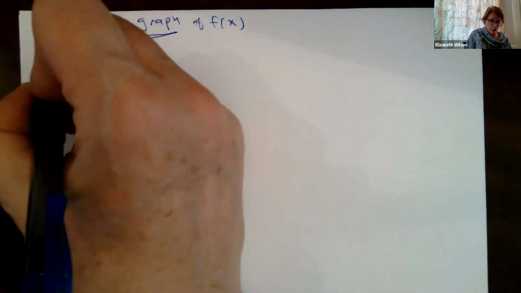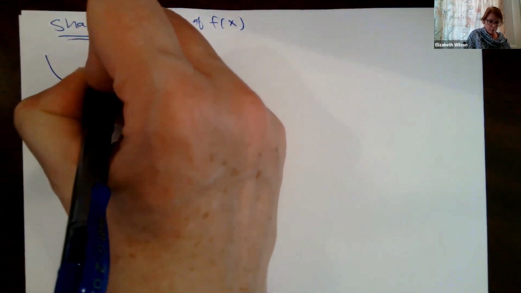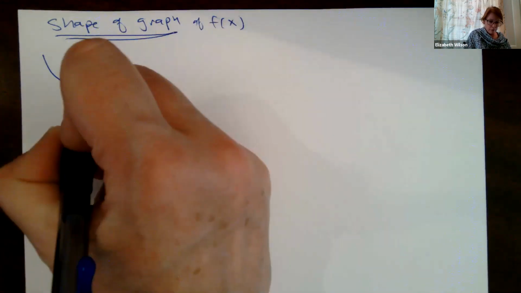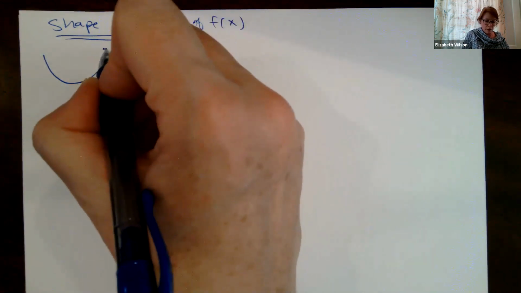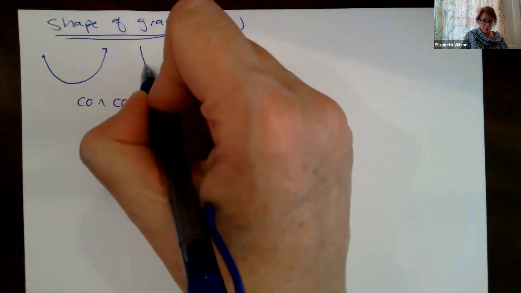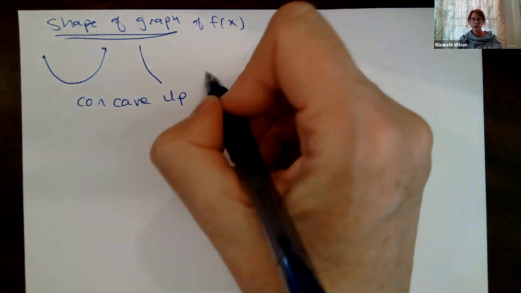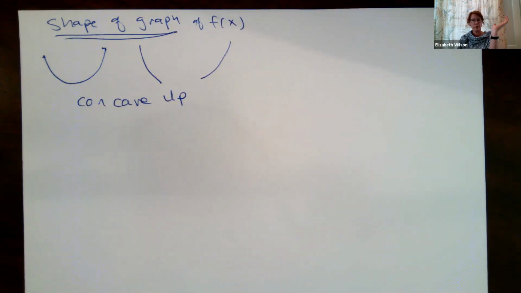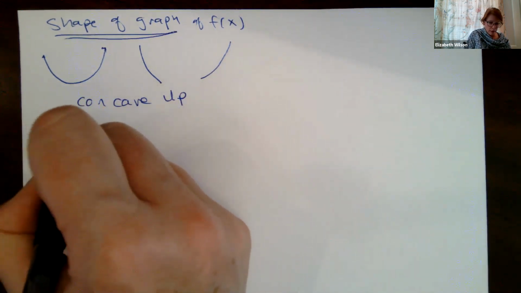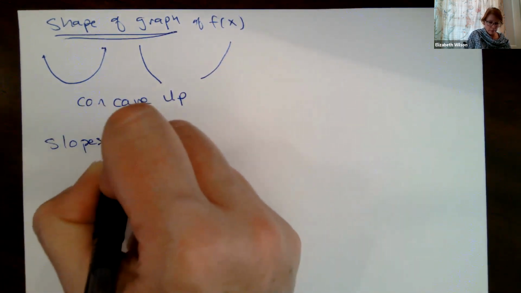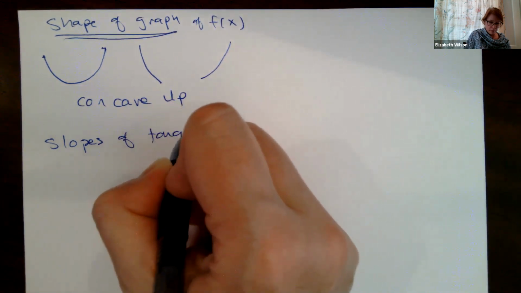So if I've got a function that's concave up, right? It looks like this, my function goes like that. Or maybe I just have a piece of it like this. These are examples of concave up. I can hold it shaped up like this in the palm of my hand. The slopes of my tangent lines look like this.